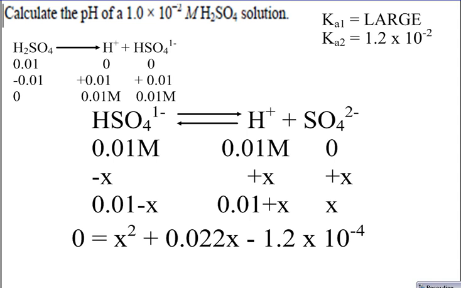And once we put this into our quadratic problem, we find that the concentration of hydrogen, or X in this case, is 0.0045.